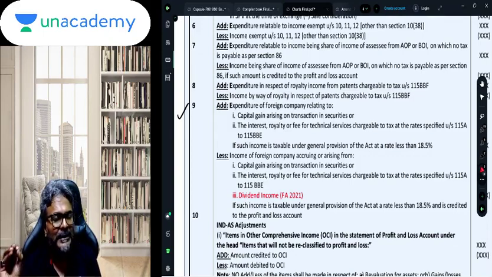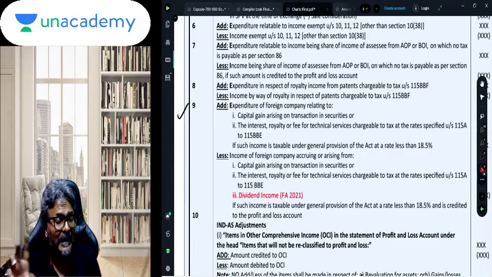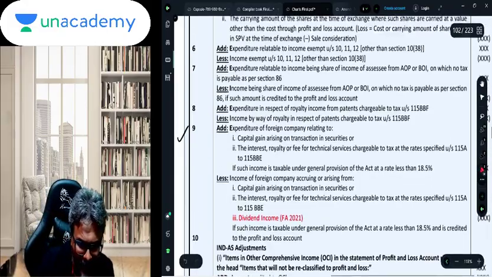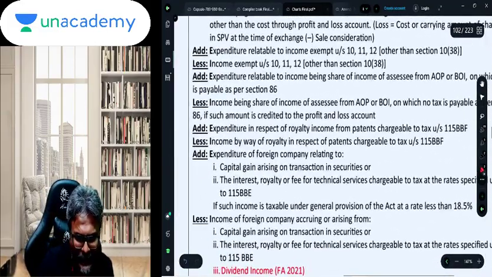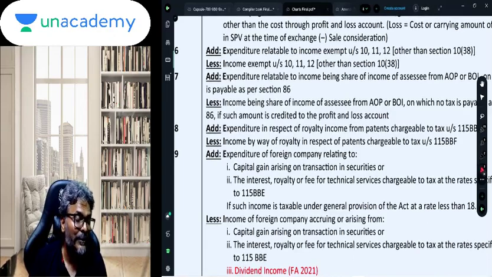Now only this particular income does not form part of the book profit as far as a domestic company is concerned, and therefore if you see for the domestic company, point number 8, here in point number 8, students, any expenditure in respect of the royalty income which is taxable under 115BBF, that expenditure if debited has to be added back in computing the book profit, and its corresponding royalty income if credited in the net profit, then in that case the same needs to be reduced in computing the book profit.